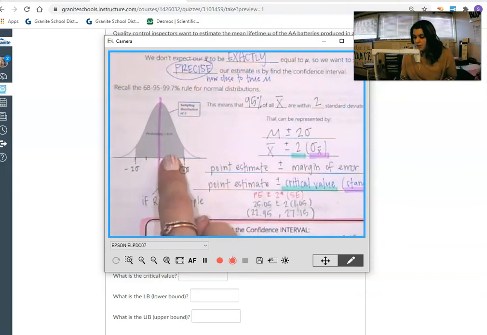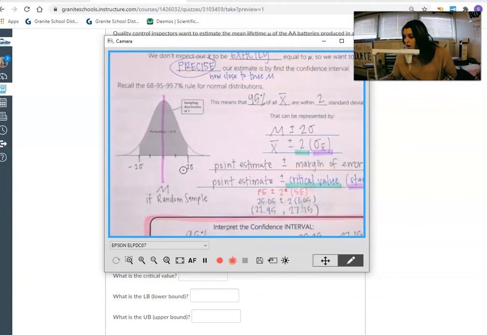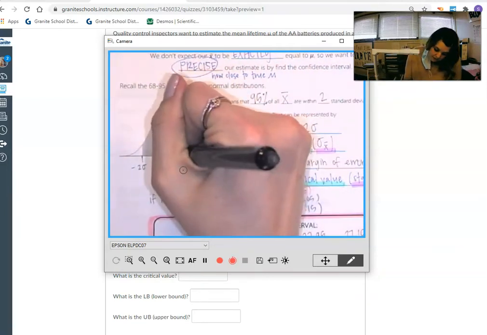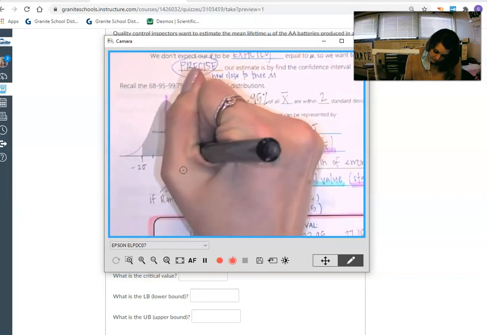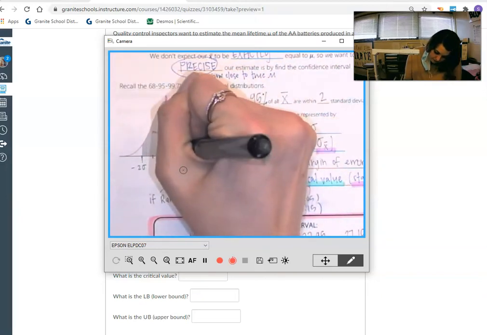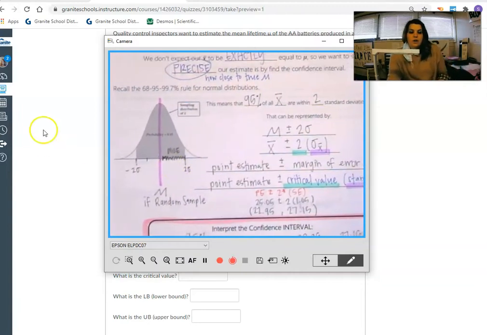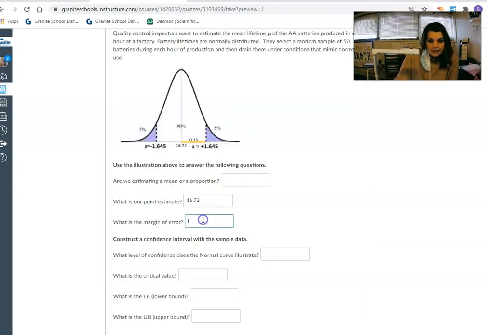So that means on this picture, our margin of error is this space. So coming back, that is 0.15.